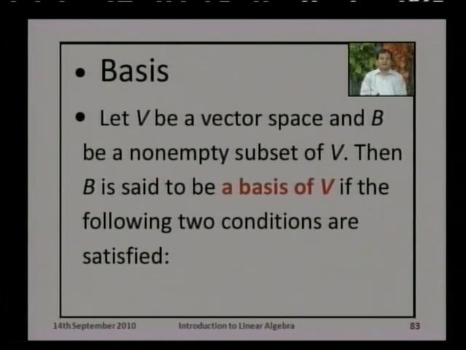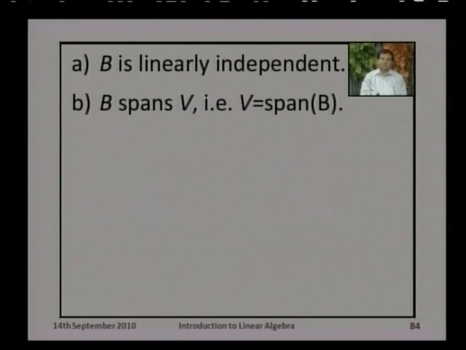Let V be a vector space and B be any non-empty subset of V, then B is said to be a basis of V if the following two conditions are satisfied. What are those? That B must be linearly independent and B should span V, that is V equal to span of B. Then we term B as a basis of V.